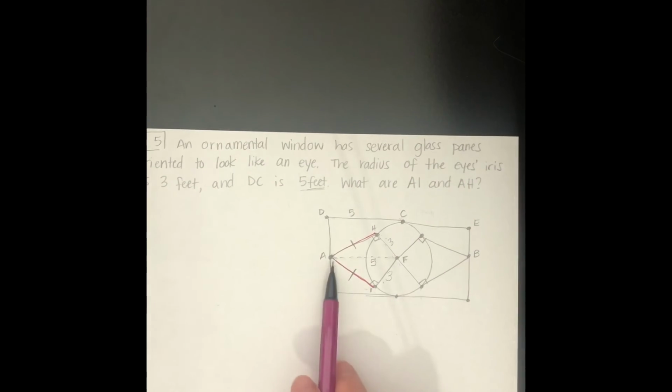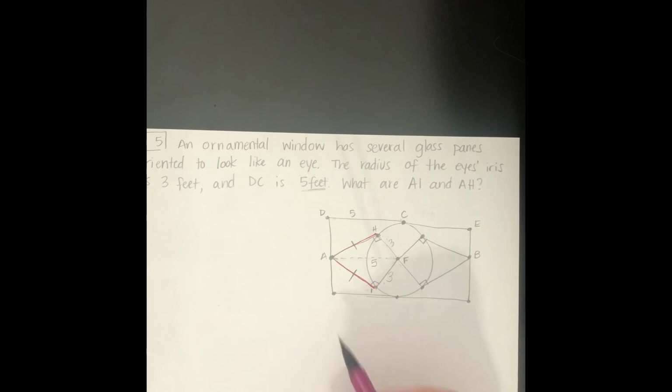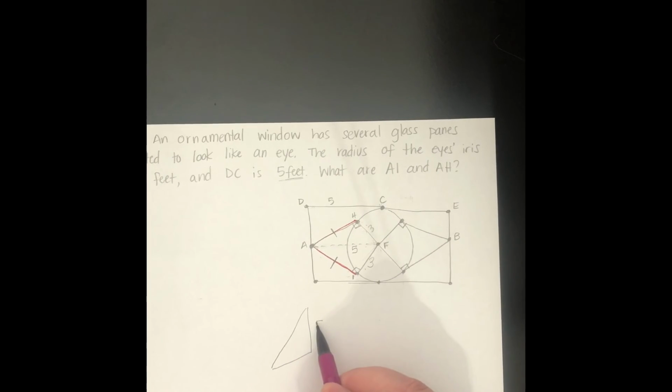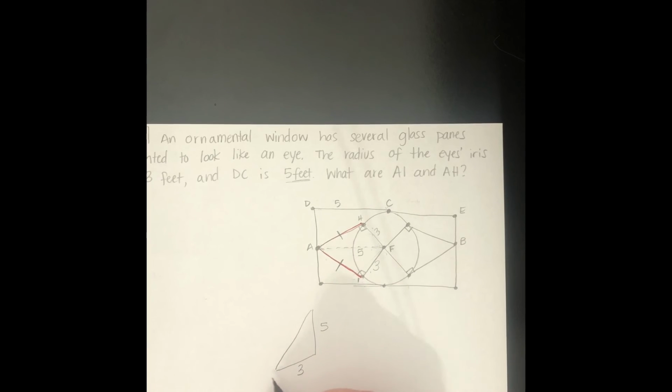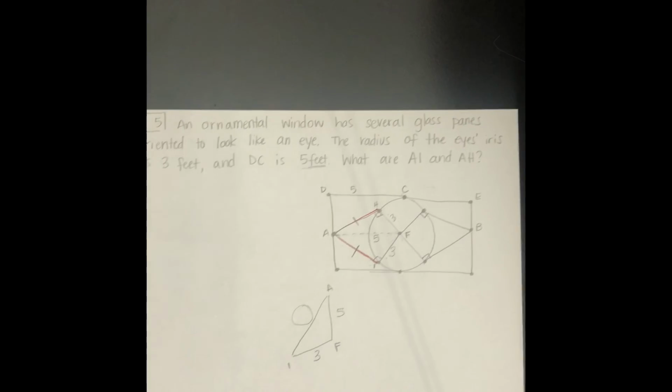So if we want to find this side right here, you can always rewrite one of the triangles, but I'm going to redraw it for you here. This side is 5, this side is 3. We have I, F, and A. We're trying to find out what this side is right here.